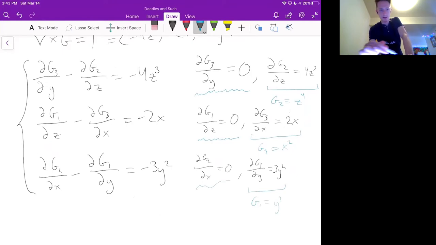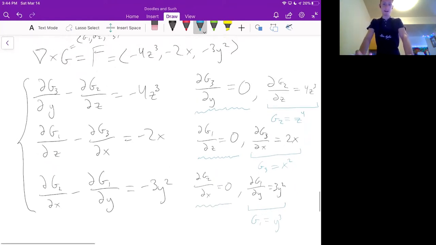If g1 is y cubed, then I think I've satisfied all my previous conditions as well. It's true in that case that partial g1 partial z will be 0. And the condition in the third equation that partial g2 partial x is 0 is also satisfied by my previous choice of g2. So making these choices that g1 is y cubed, g2 is z to the fourth, and g3 is x squared seems to be consistent with all the stuff I've written down.